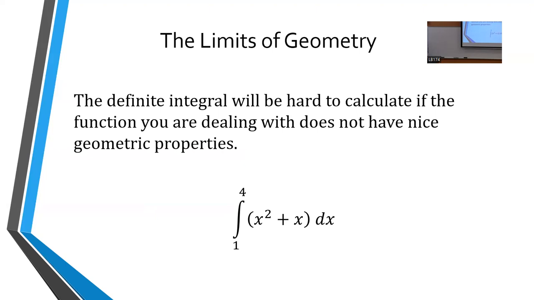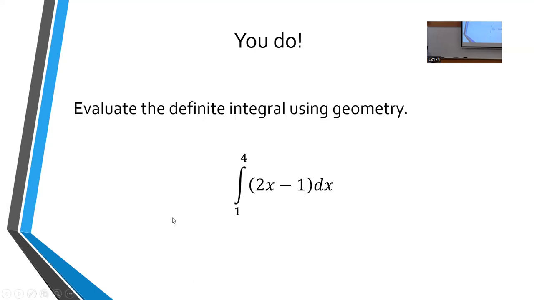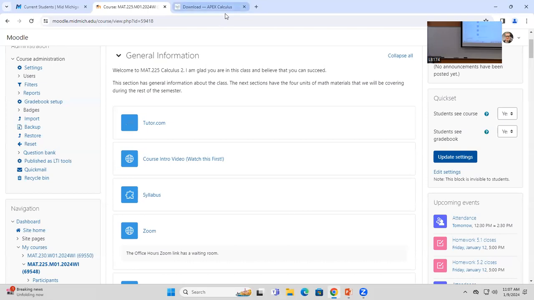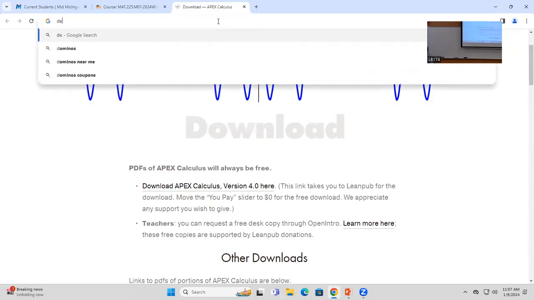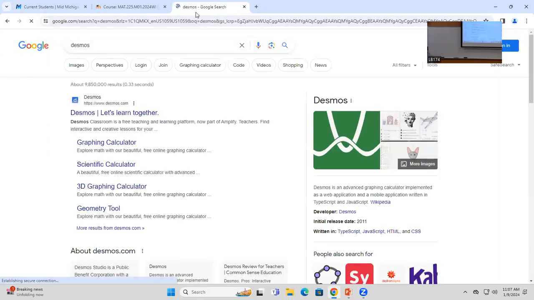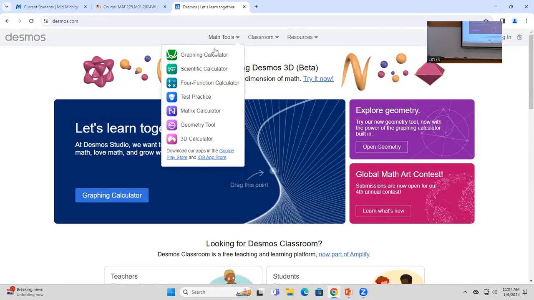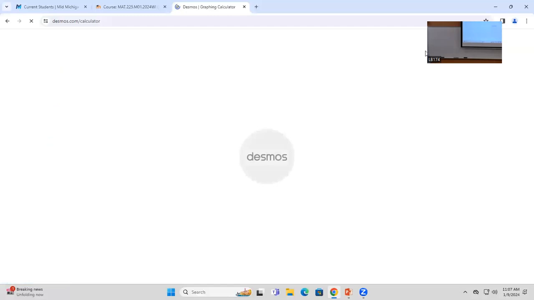So let me do something online to explain this. So let's take 2x minus 1 from 1 to 4. Now I'm going to look at this graphically. So I'm going to look up an online calculator called Desmos. I logged in there.